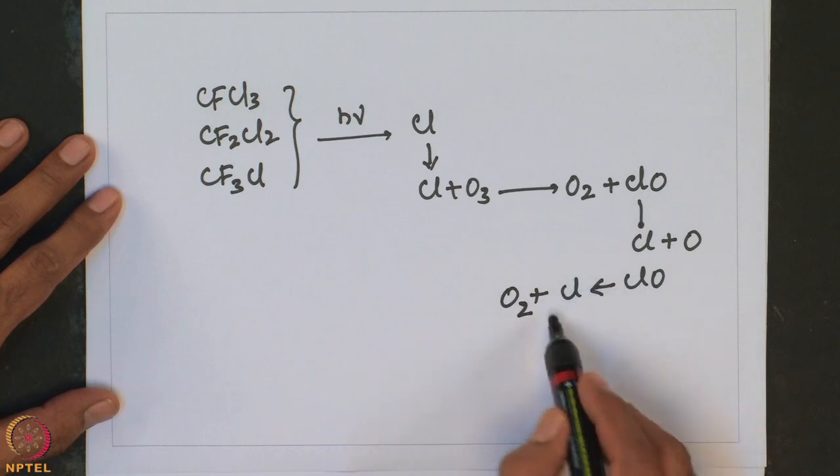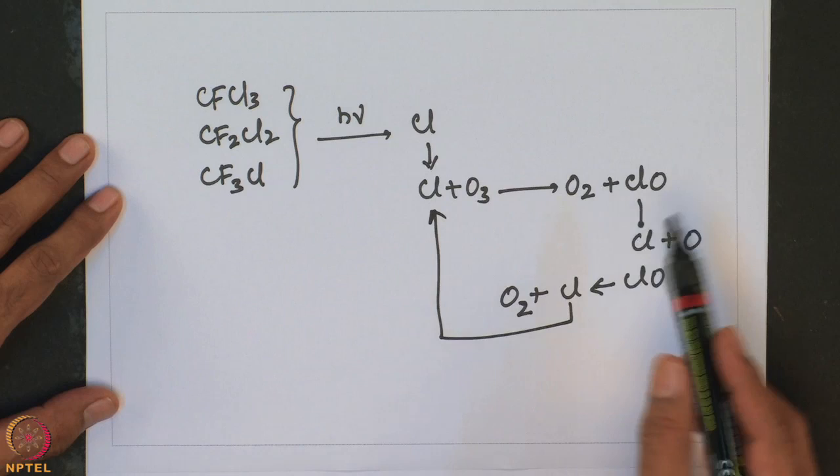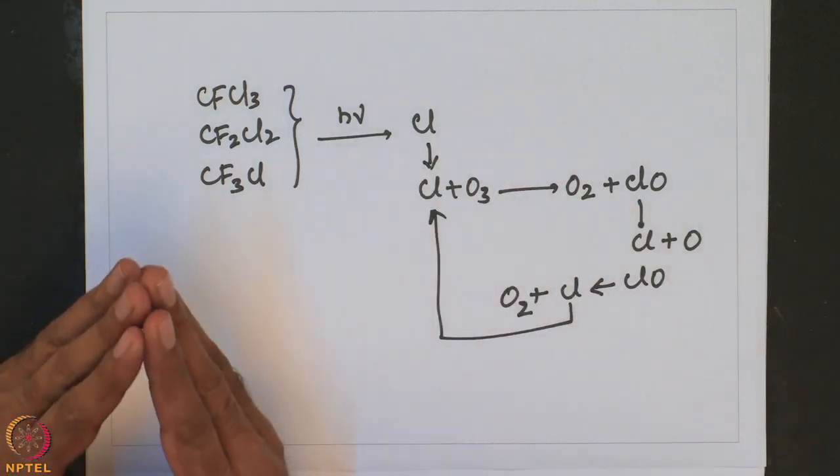So, like this, and then this Cl again goes here and again is involved in further decomposition of ozone. Because of this, nowadays the usage of fluorochlorocarbons has been discouraged, and alternates are used as refrigerants.